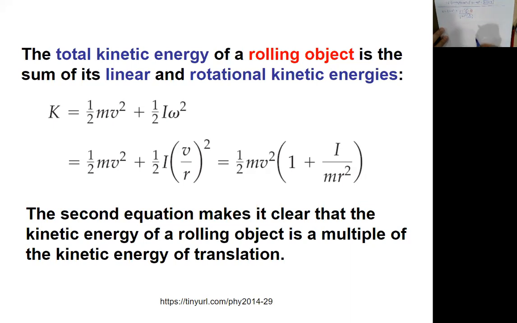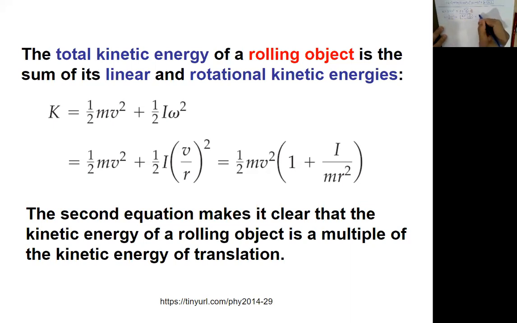So you can rewrite this term by multiplying by m over m, which is 1. It doesn't change the result, but rewrites the terms. So K equals 1/2 mv squared plus 1/2 mv squared times that term. Then you single out the 1/2 mv squared. The first term will be simply 1/2 mv squared times 1.